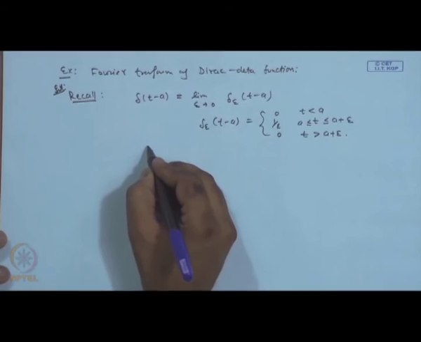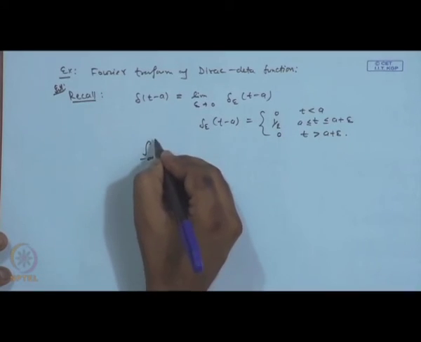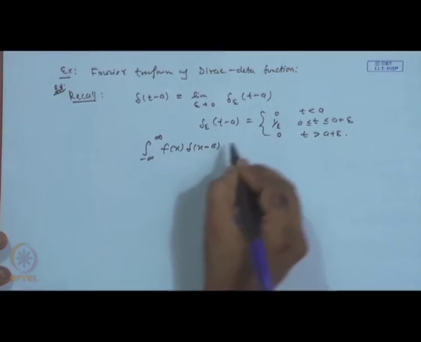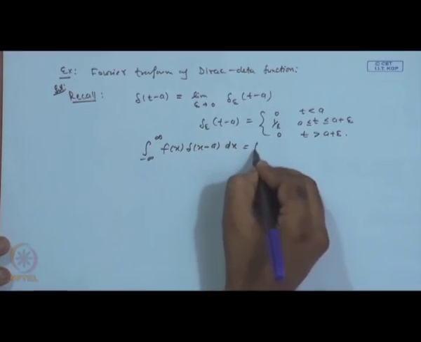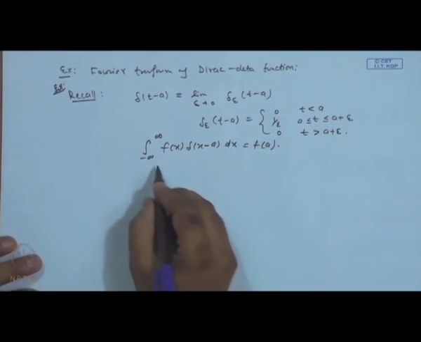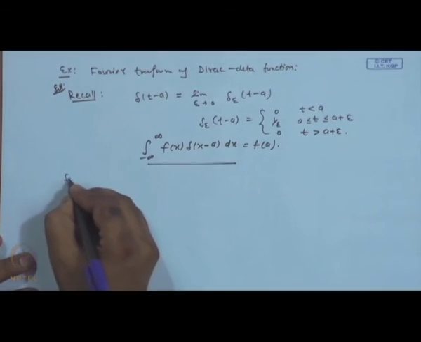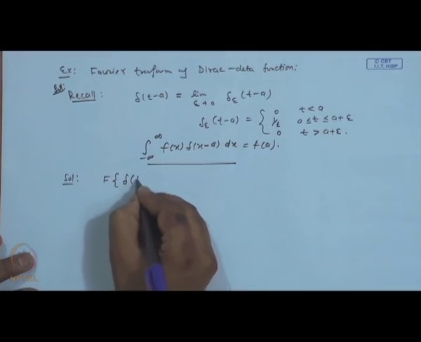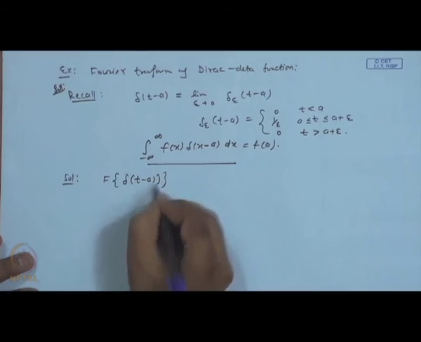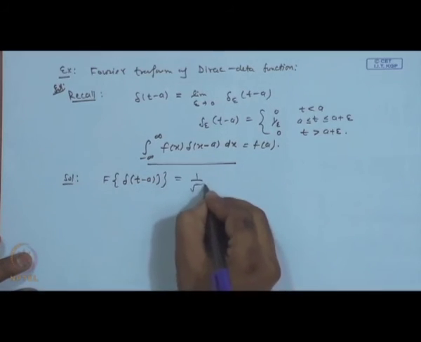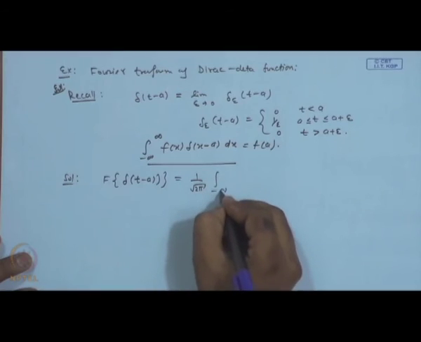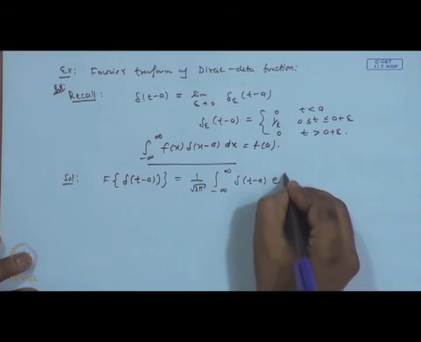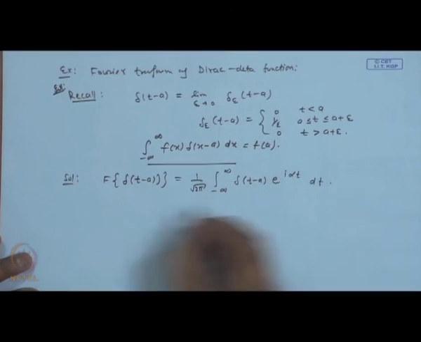With this definition we have seen that the integral from minus infinity to plus infinity of f(x) delta x minus a dx is f(a), and with this definition we can easily get the Fourier transform of the Dirac delta function, which will be 1 over square root 2 pi, integral from minus infinity to plus infinity of delta t minus a e power I alpha t dt.